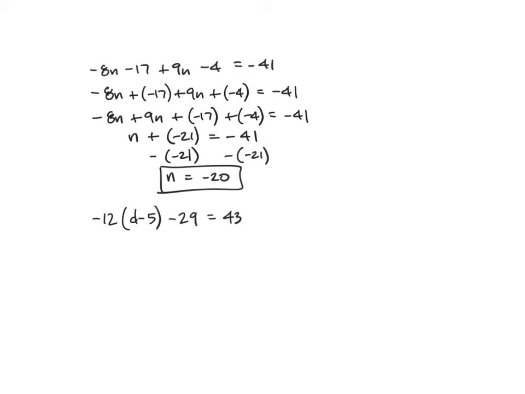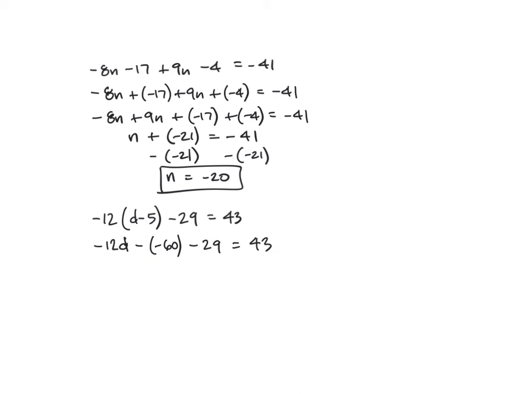So let's move on to the next one. I first need to distribute this negative 12 in here, so I've got negative 12d, and then minus, and then it'd be negative 12 times 5, that's negative 60, minus 29, and that equals 43.